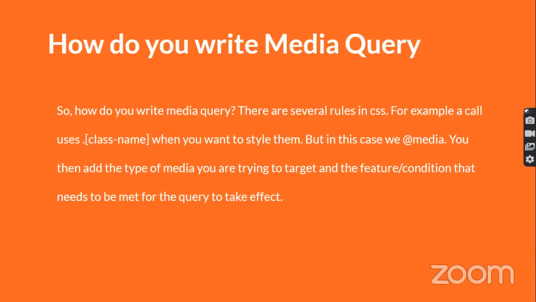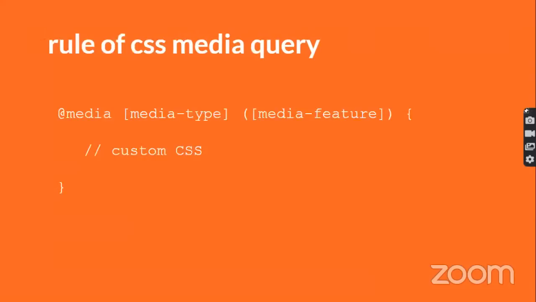Do you want it to give maybe a bigger font size or whatever design? Your custom CSS goes along with the media query. So there's just one rule of media query, which is the @media, then the media type, the media feature, then the custom CSS.